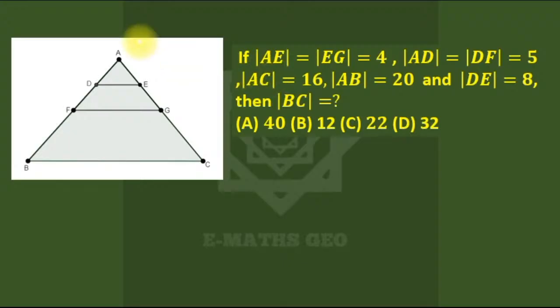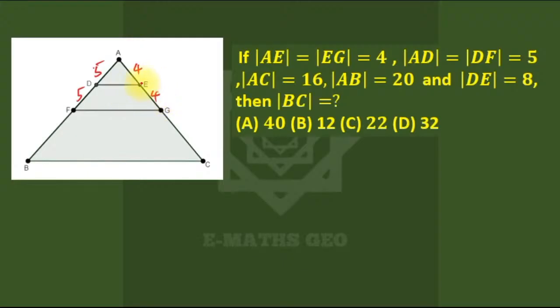We start with the first one. It said AD, DF, there are 5s, so this is 5, 5, while AE, EG is 4, 4.